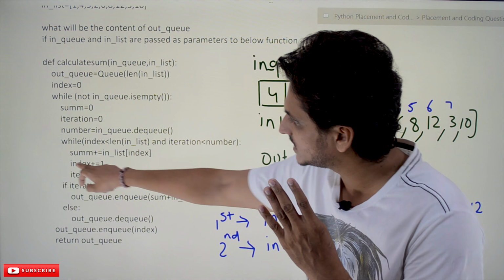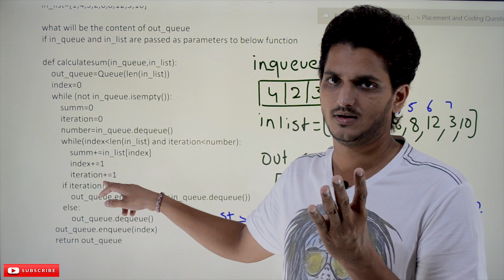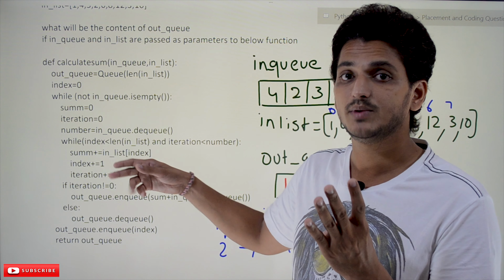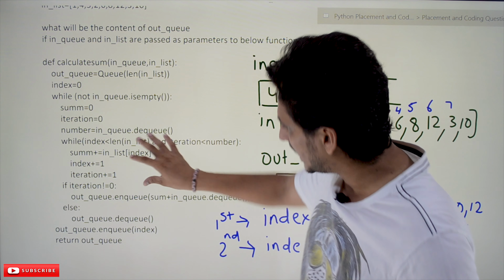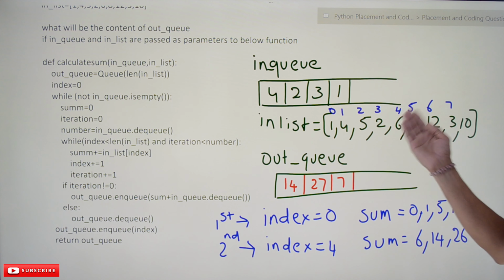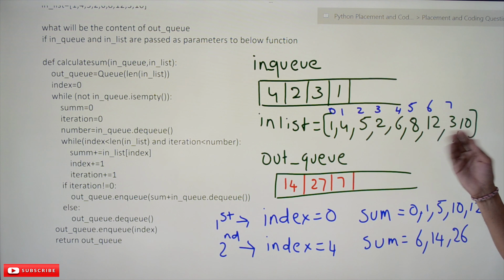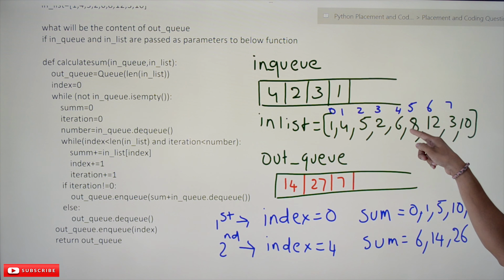See, previously this executed for 4 times. What's the index value we are having? 4. So it's going to take the elements from index position, means 4th position. This inside loop will execute for 3 times again. So it is going to check the 4th position element, 5th position element, 6th position element. These elements are summed. What's the summation of these 3 elements?